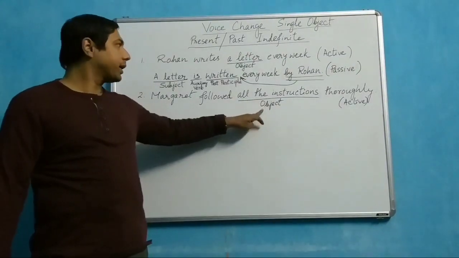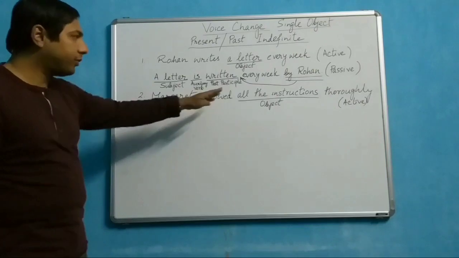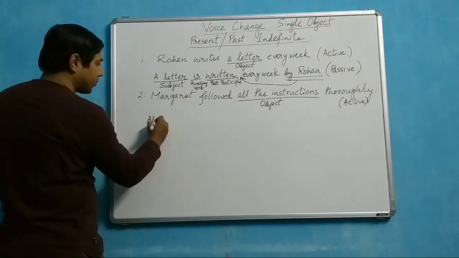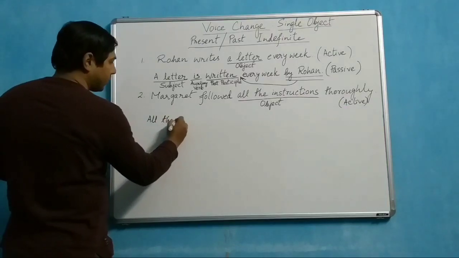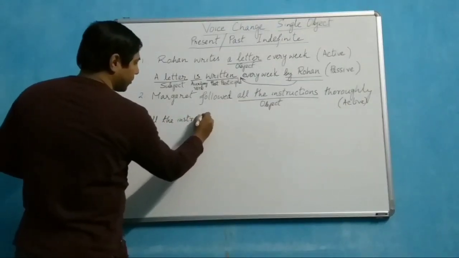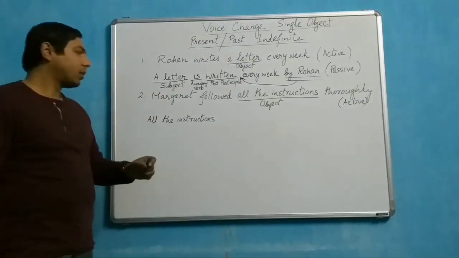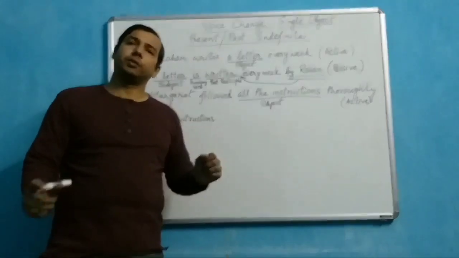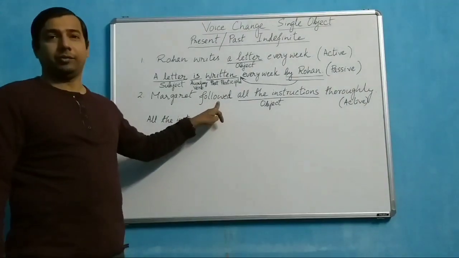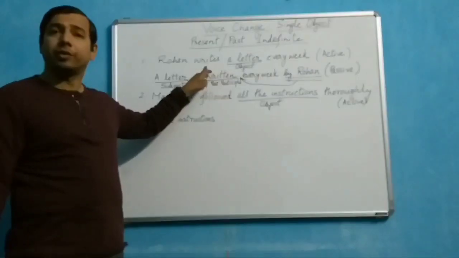We know we have to take the object to the subject position. So let's take it. All the instructions. Now it is in the past tense. And that's where it differs from the previous sentence.